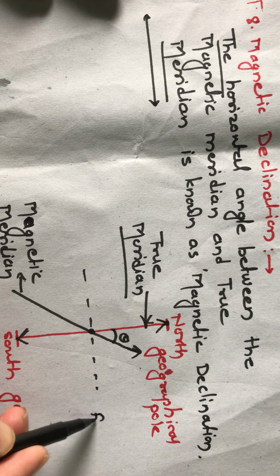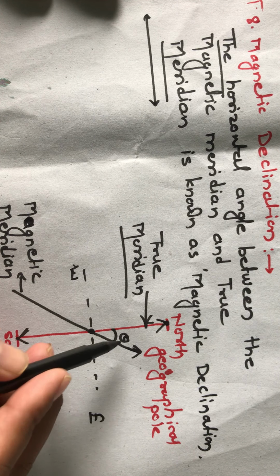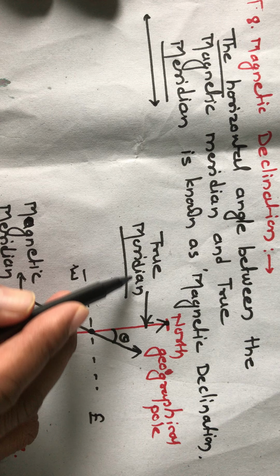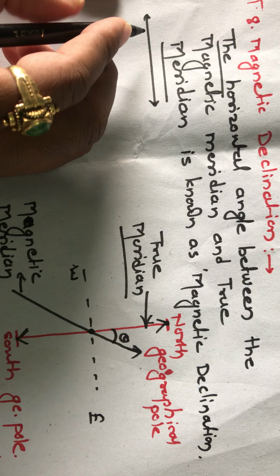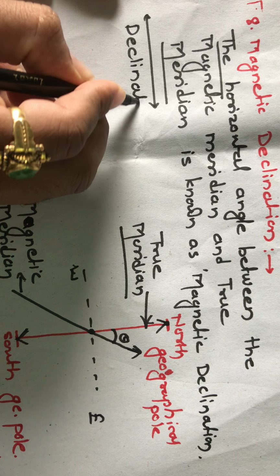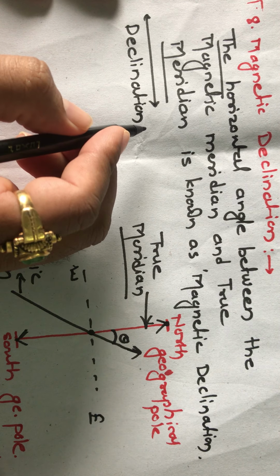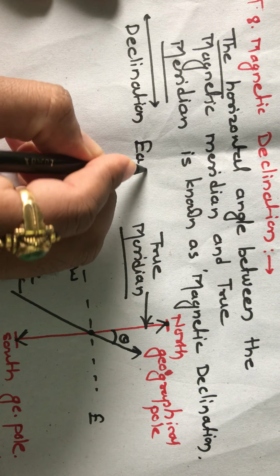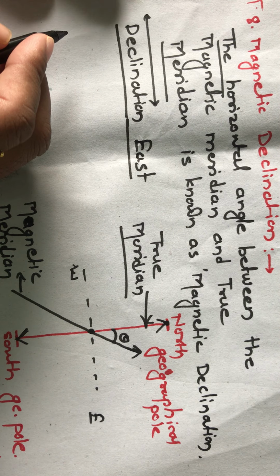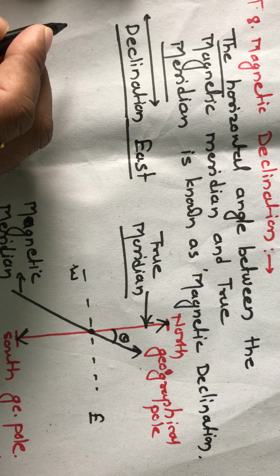So this is east and west. Now this magnetic meridian is east of the true meridian, so that's why it is called declination east.